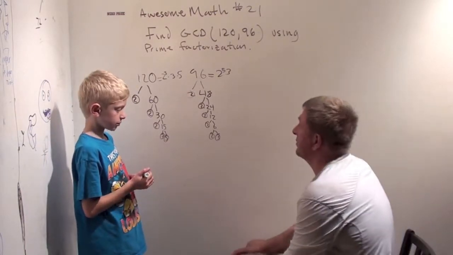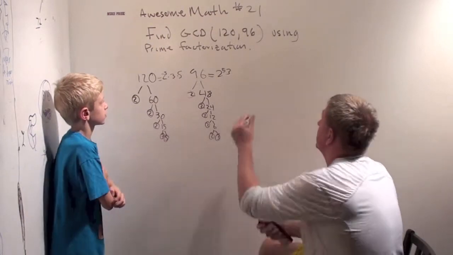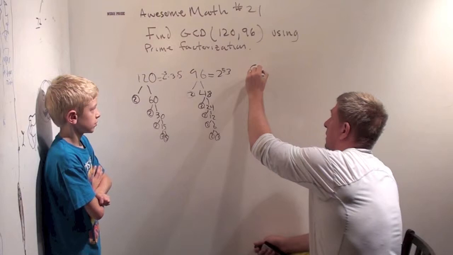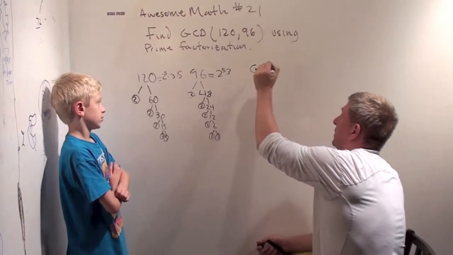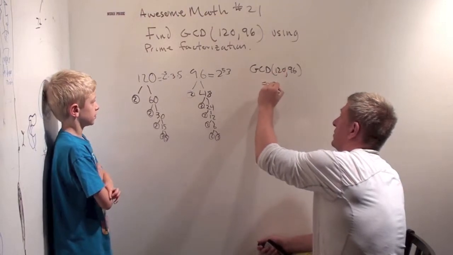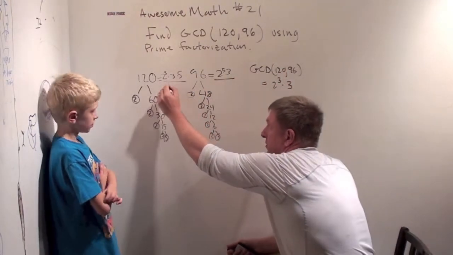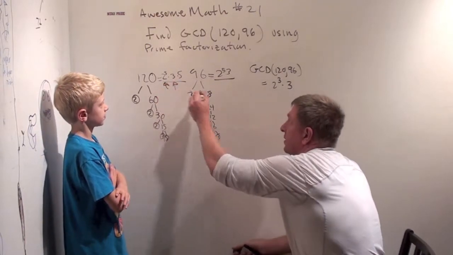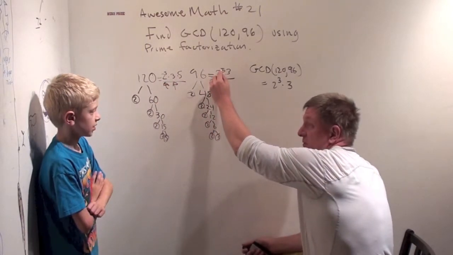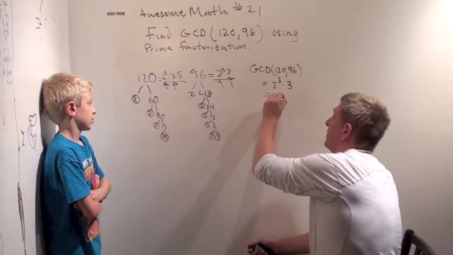So the greatest common divisor of 120 and 96 equals 2 cubed times 3. That's what's in both of them. There's a 2 cubed and a 3 here, and there's a 2 cubed because it's a 2 to the 5th, and there's a 3. And this is 8 times 3, which is 24.